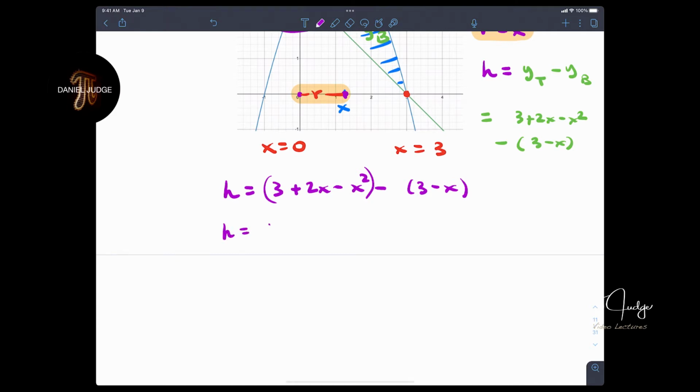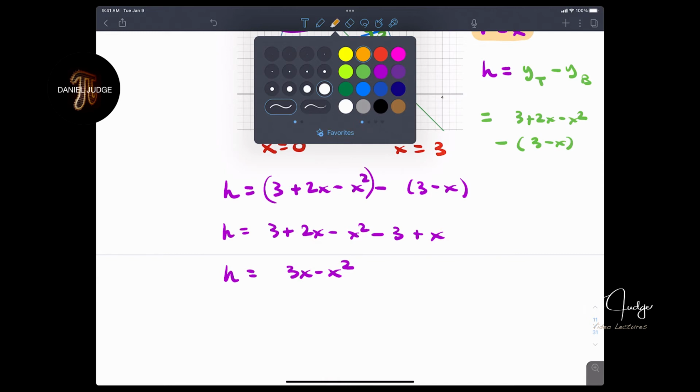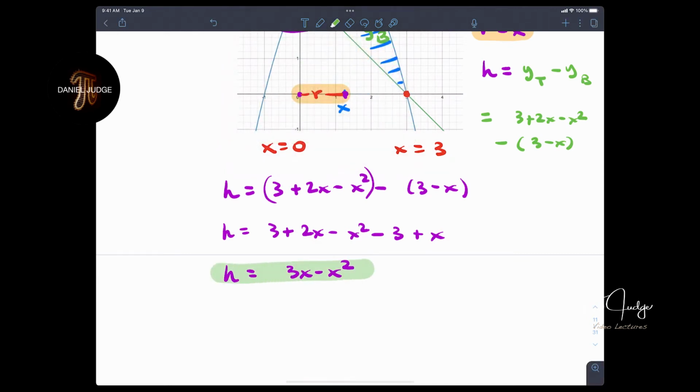So your height becomes 3 plus 2x minus x squared minus 3 plus x. Doing our algebra here, it looks like we're going to get 3x minus x squared here. So this is our height.